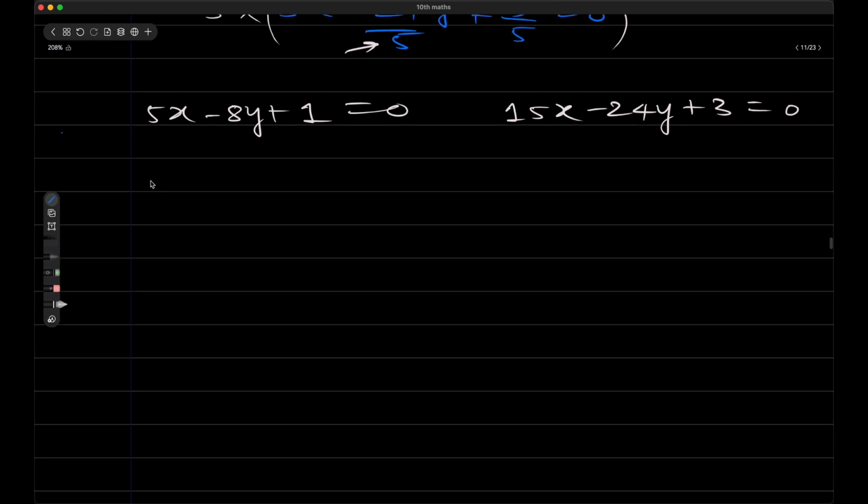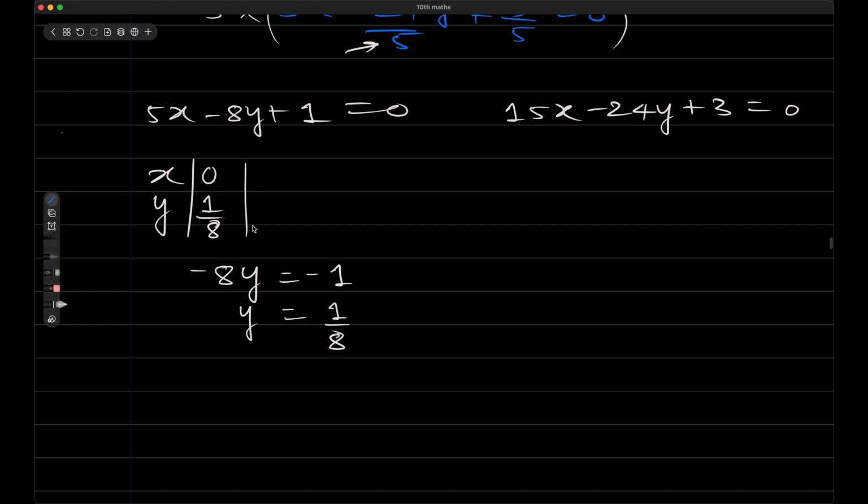To find the points, if we put x equals 0, we get minus 8y equals minus 1, that is y equals 1 by 8. If we put y equals 0, we get x equals minus 1 divided by 5.